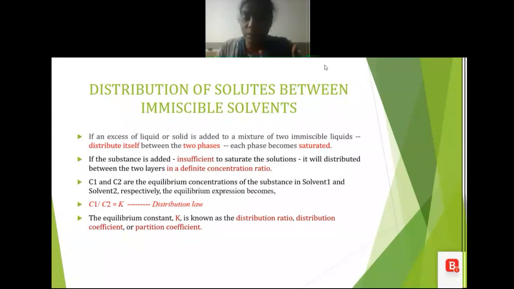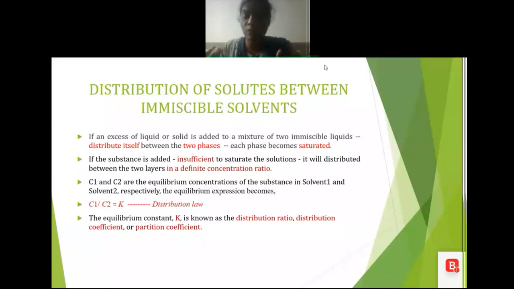How will it be distributed? If the substance has more polarity, it will be more distributed in the aqueous phase and less distributed in the organic phase. If the substance is more non-polar in nature, it will be more distributed in the organic phase and less distributed in the aqueous phase.